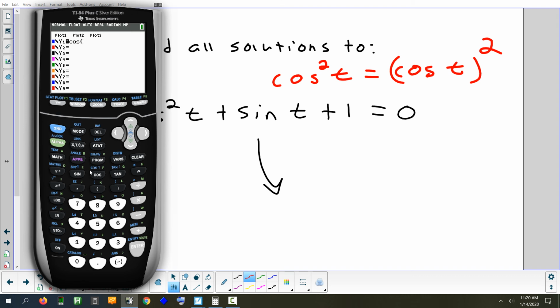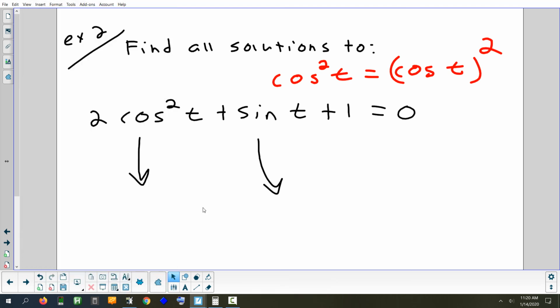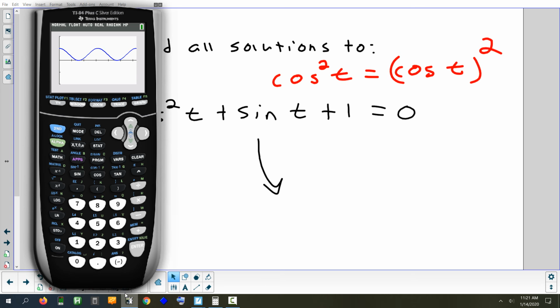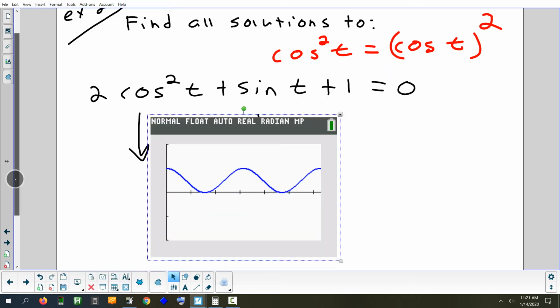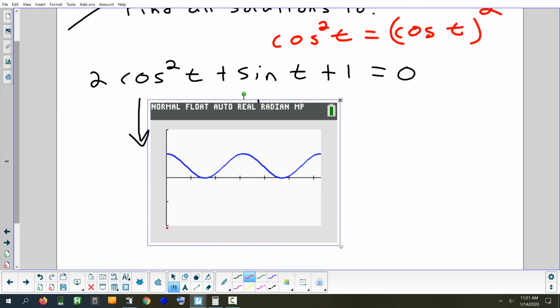Okay, so let's graph it. We have cosine x, close parenthesis, square it. Now, I'm going to set a window. I'm just going to leave it like that, 0 to 2 pi. Let's take a look at it and see if we can figure out how long the period is. This is 0. This is 2 pi.